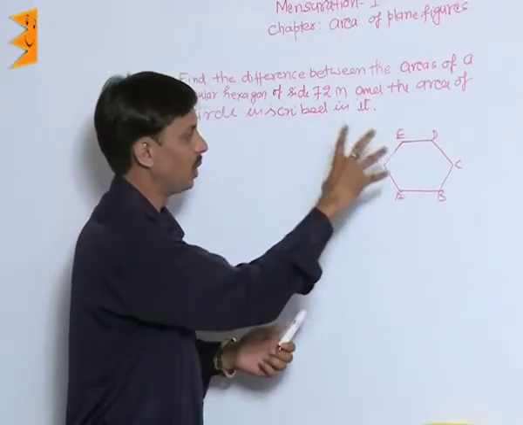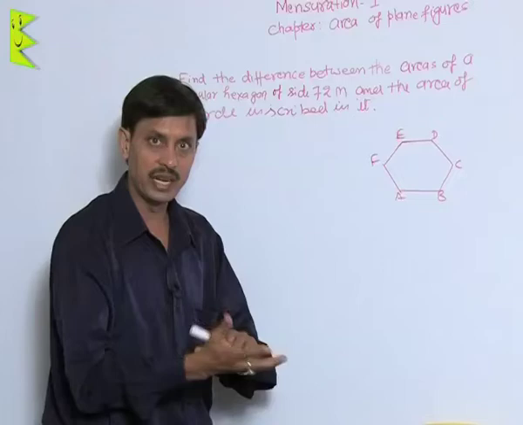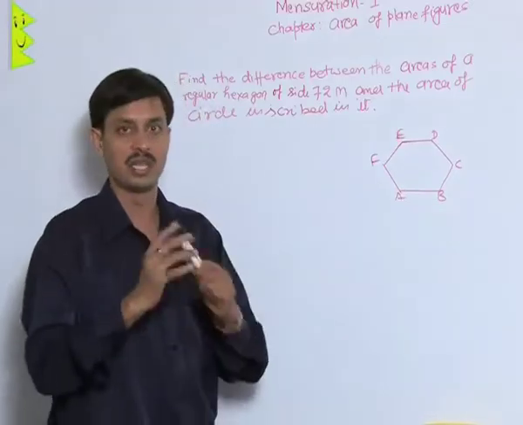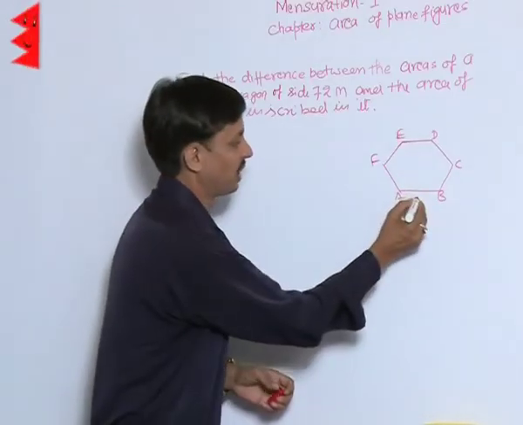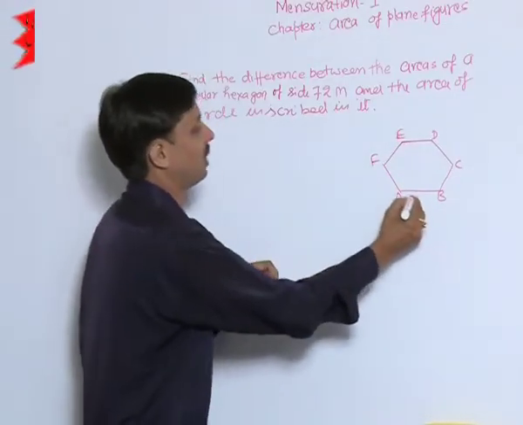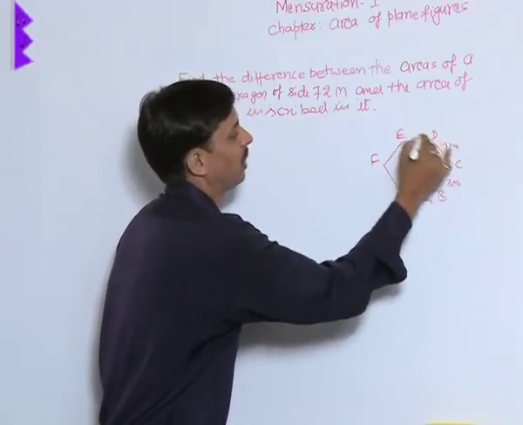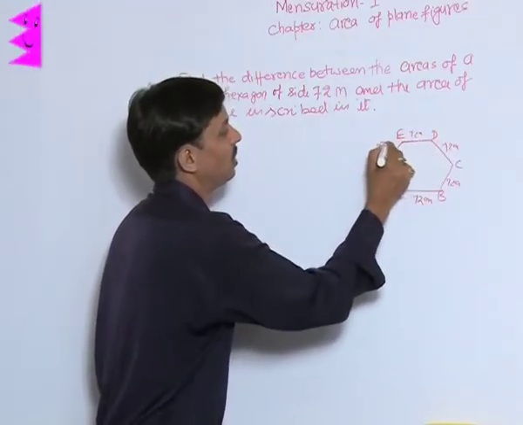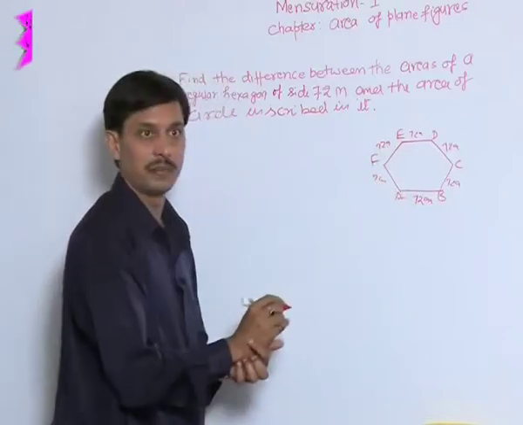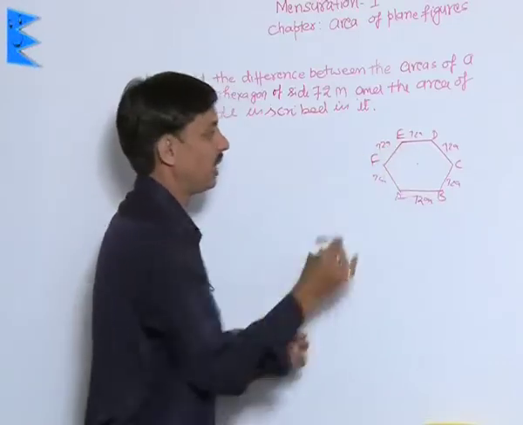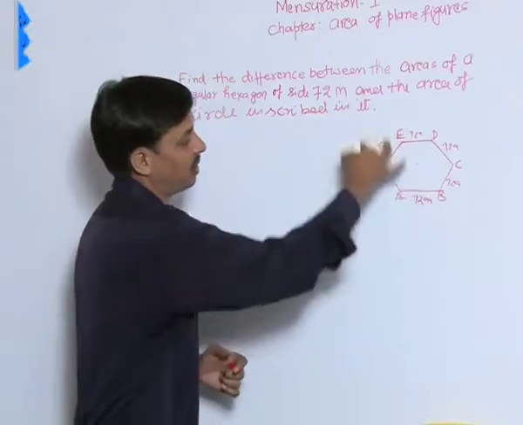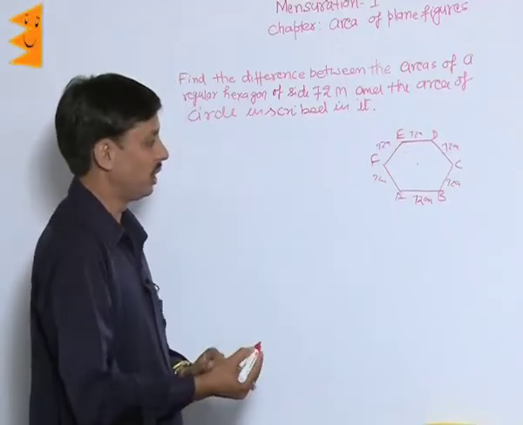That's why it is mandatory, A, B, C, D, E, F. This is a regular polygon with 6 sides, so its name is a regular hexagon. Each side is 72 centimeter: 72, 72, 72, 72, 72 centimeter each side. We know that the complete central angle is one round, that is 360 degree.